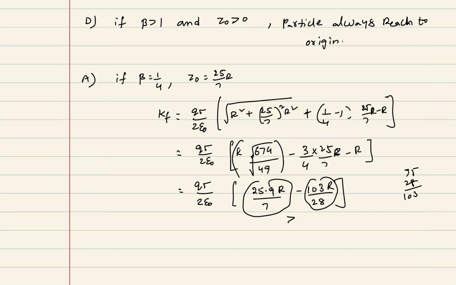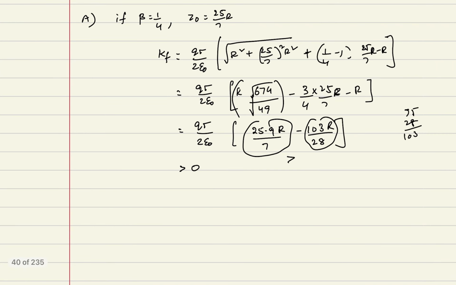If you see, this value is slightly greater than this value, so we get the kinetic energy positive, greater than 0. So from this we can say that the particle reaches the origin.